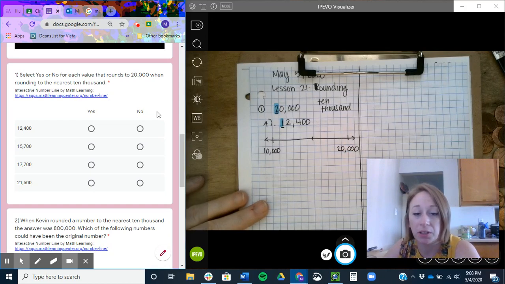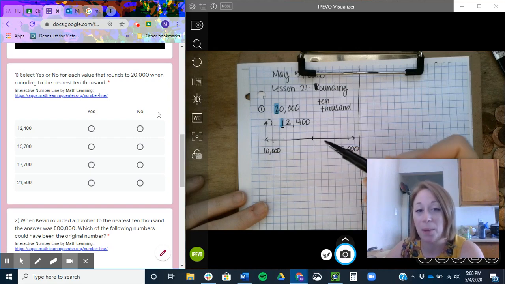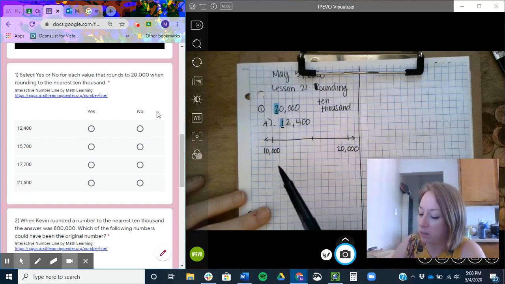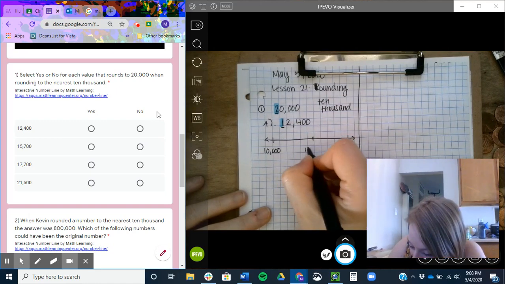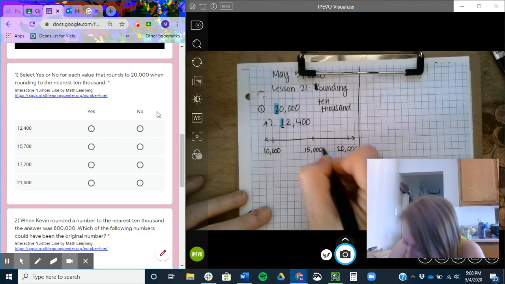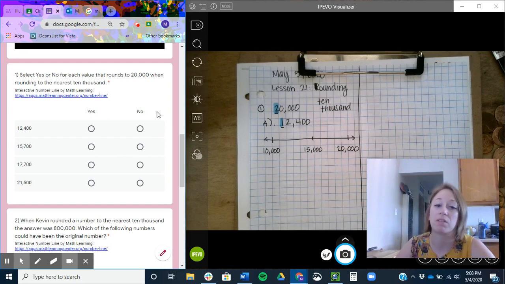Just like with all the other questions, we're still going to find the midpoint. Remember, that's the value in the middle. It's called the sweet midpoint. What's in the middle of 10,000 and 20,000? You're right, 15,000. Now we're going to find where 12,400 is on our number line. Go ahead and label 12,400.